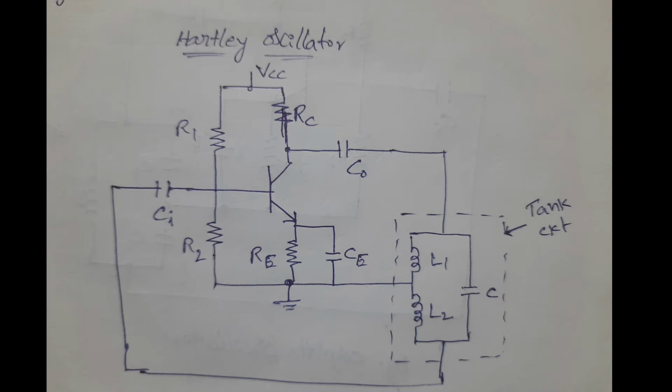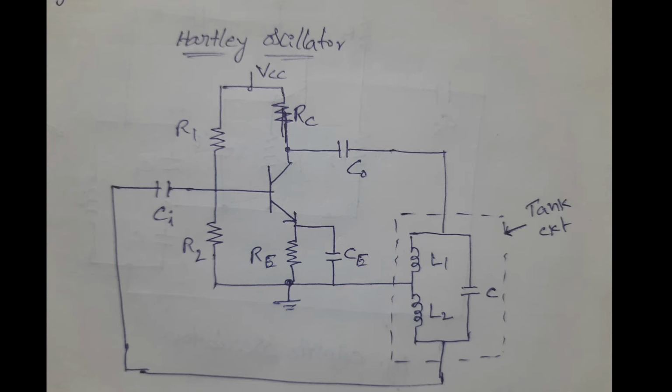All these components are identical to those present in the case of a common emitter amplifier, which is biased using a voltage divider network. However, figure 1 also shows one more set of components, viz. the inductors L1 and L2 and the capacitor C, which form the tank circuit shown in dotted line.